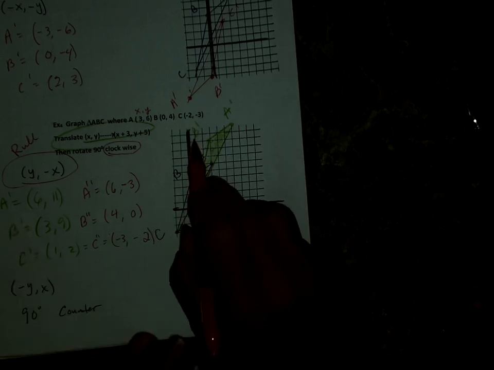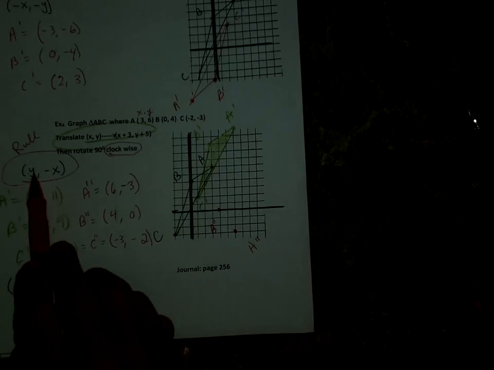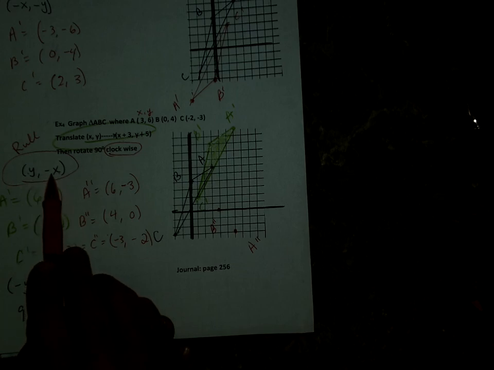Okay, let's do C double prime. So again, I'm going to switch them, make it a negative 3, negative 2. So I switched them, went from x, y to y, x. Now, the only thing is I want to make the x value negative. So this negative 2 becomes a positive 2, double negative, right?